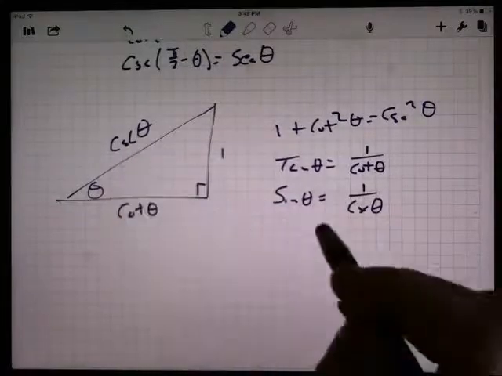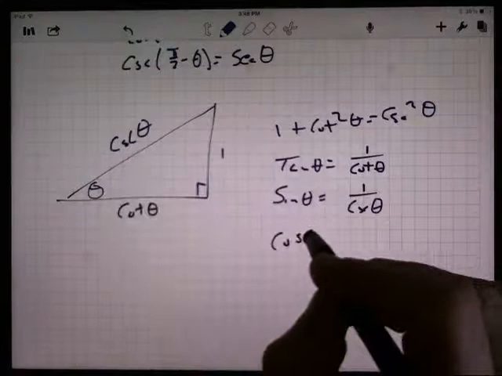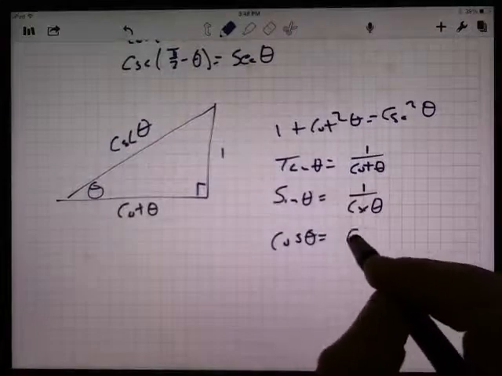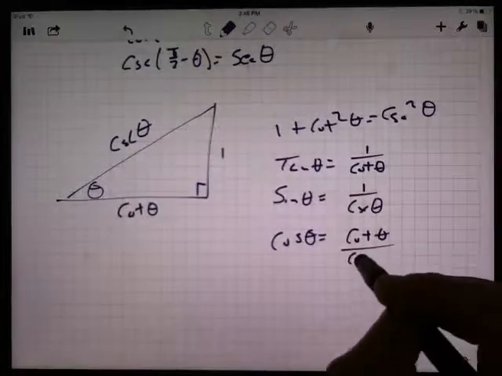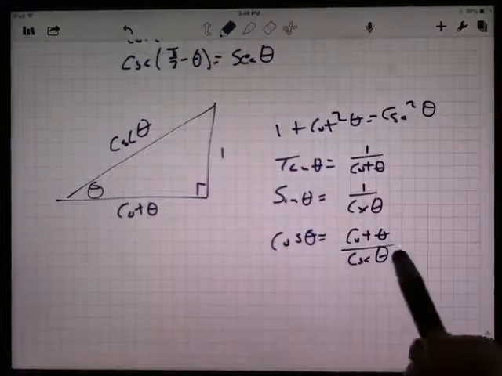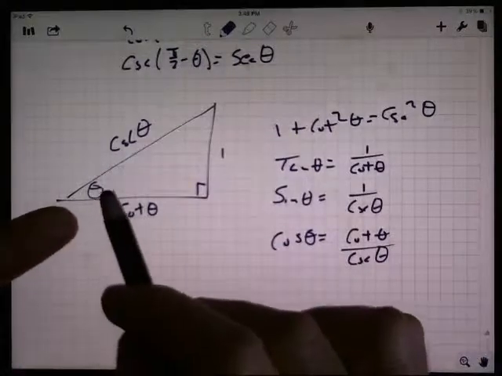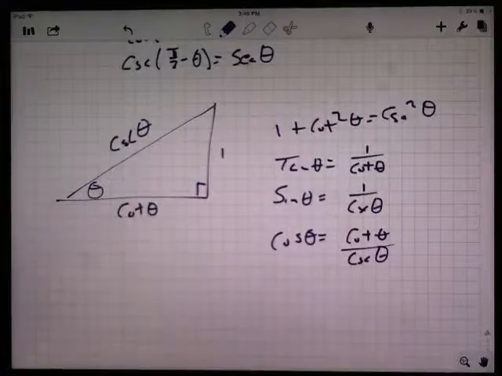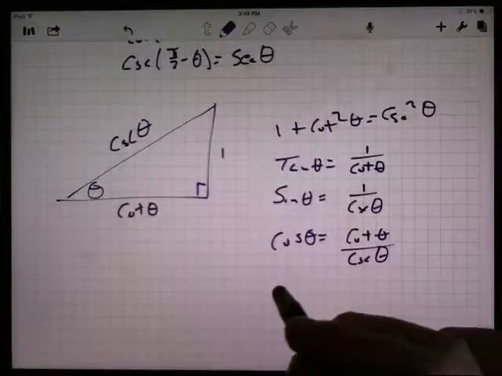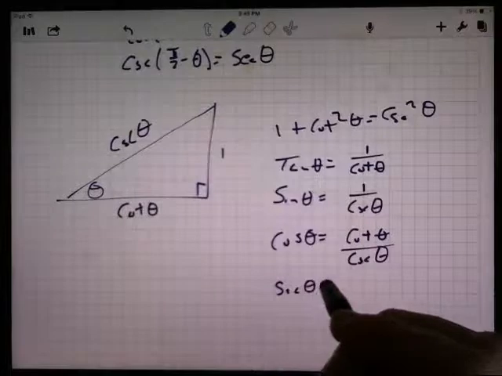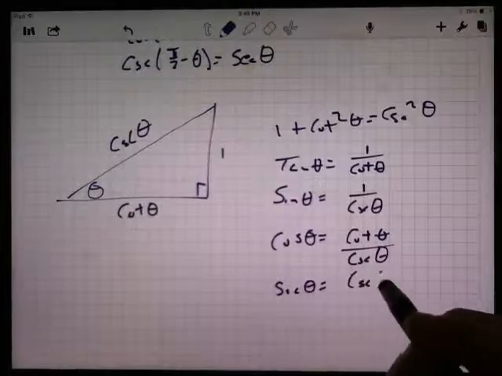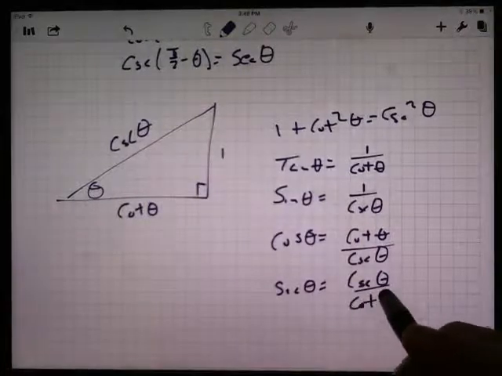I can see that the cosine of theta is the cotangent of theta divided by the cosecant of theta. Again, that's not one of my basic identities that I think of, but it's there. It's in the picture. Adjacent divided by hypotenuse. Okay. And I must have that the secant of theta is the reciprocal of that. Cosecant of theta divided by the cotan of theta.